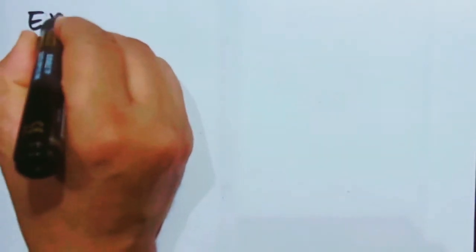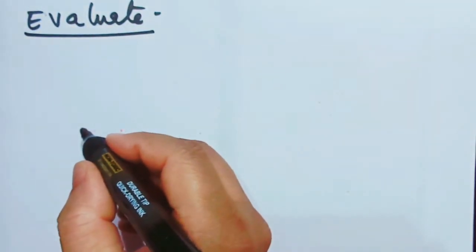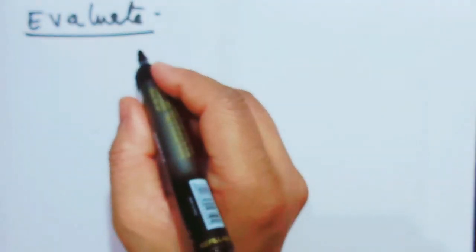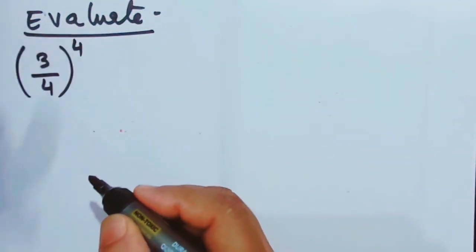What we have in number 3: evaluate. Evaluate means you have to find the value. For example, here we have 3 by 4 to the power 4, or you can say 3 by 4 raised to the power 4.